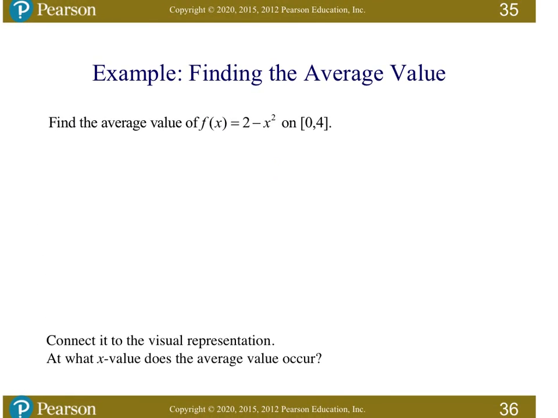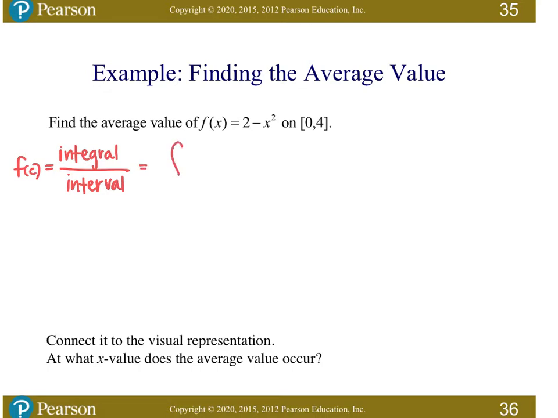So here we go. Find the average value of the parabola 2 minus x squared on the interval 0 to 4. All right, so the definition of the average value is integral over interval. And that is equal to f of c.